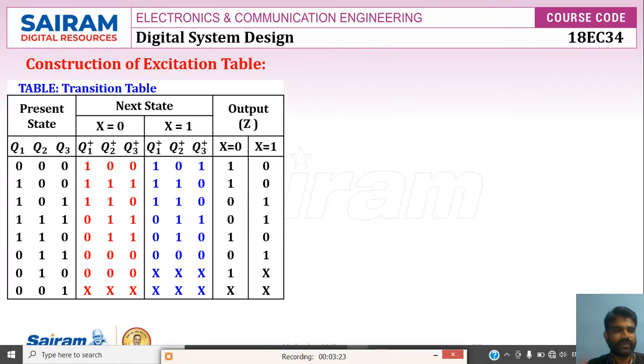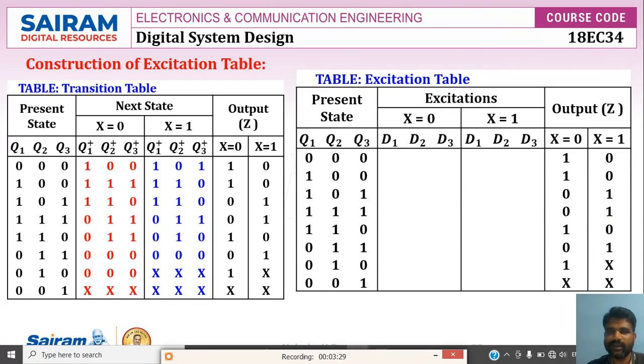Clear now? So from the transition table we construct excitation table. Excitation table is analogous to transition table, only the difference is same present state and output, and in place of next state we use excitations. So again here we use D flip-flop. As we know, if you use D flip-flop, D values are the same as next state. That means D1 is equal to Q1 plus, D2 is equal to Q2 plus, and D3 is equal to Q3 plus when x is equal to 0.